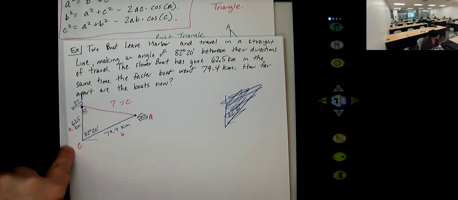So I've used this one for side C. And angle C, we want the formula with angle C in it.